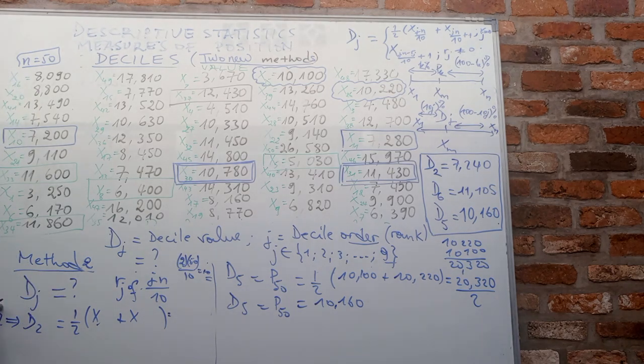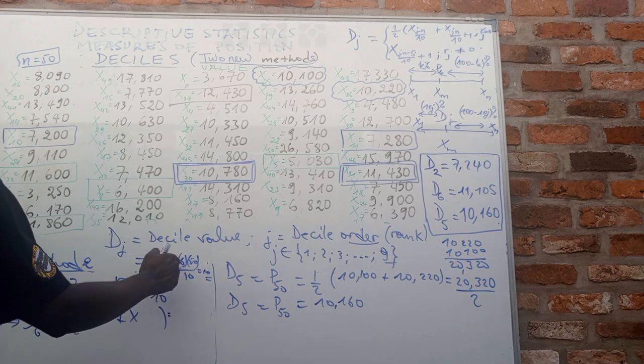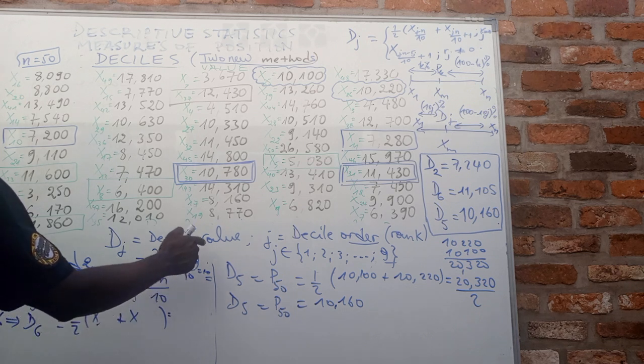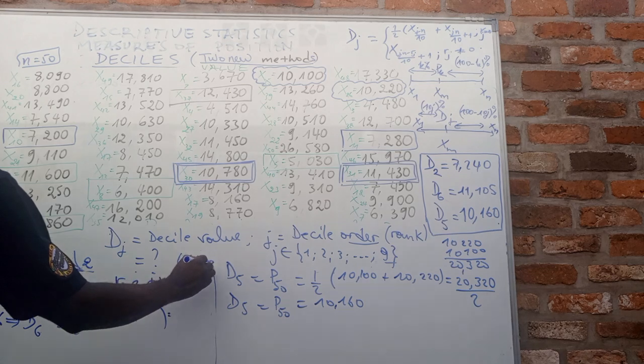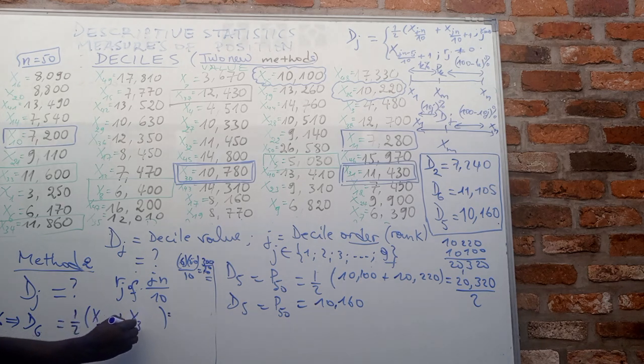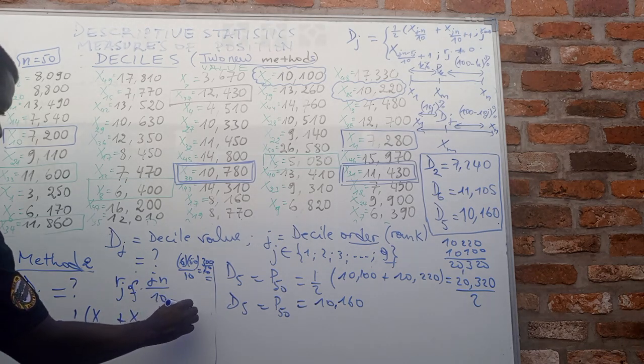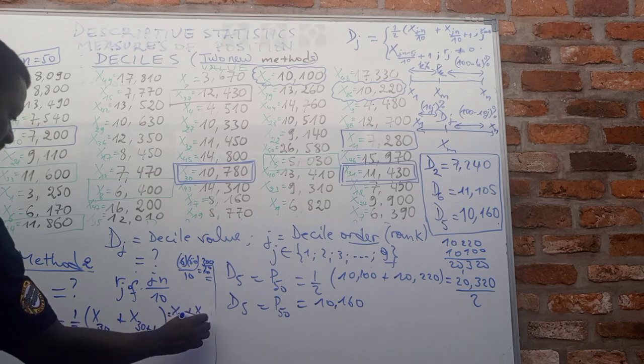So if j is equal to 6, we have this side of order 6, and then here, instead of 2, we put 6. 6 times 5 is 30. 300 divided by 10 is going to be equal 30, which means the first sub is 30, the next sub will be 30 plus 1, which will make a half of x sub 30 plus x sub 31 divided by 2.